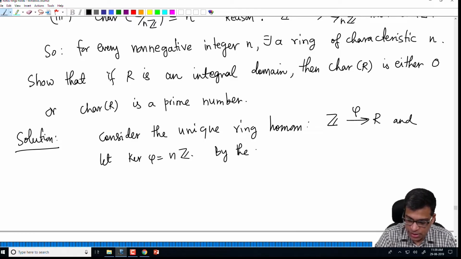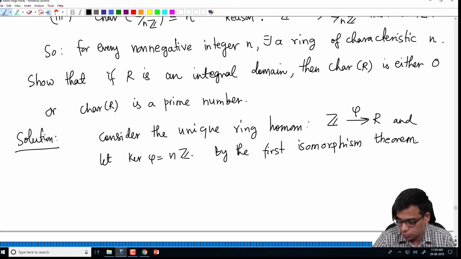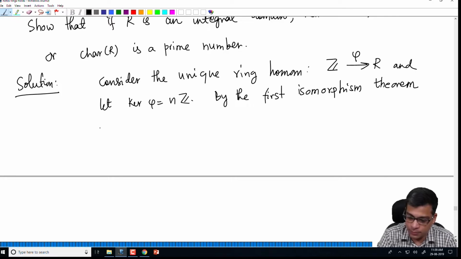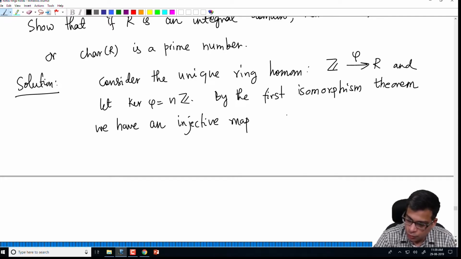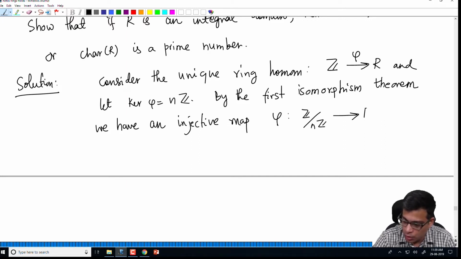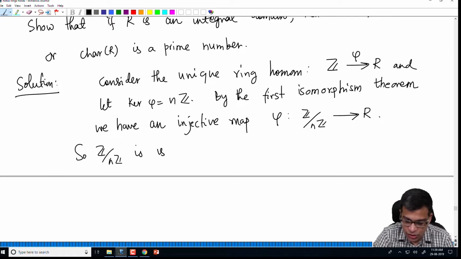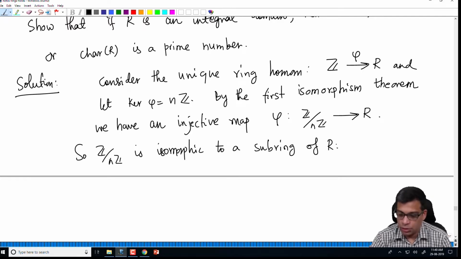So by the first isomorphism theorem, we have an injective map, which I will also denote by phi, from Z mod NZ to R. This is an injective map. So Z mod NZ is isomorphic to a subring of R.